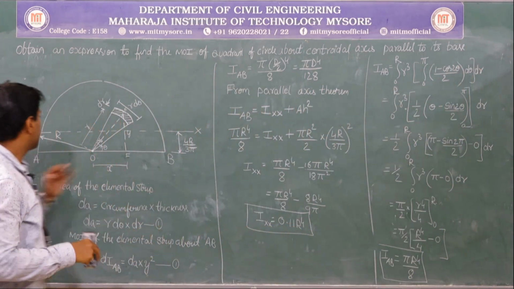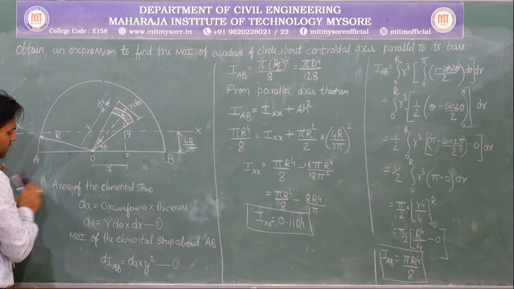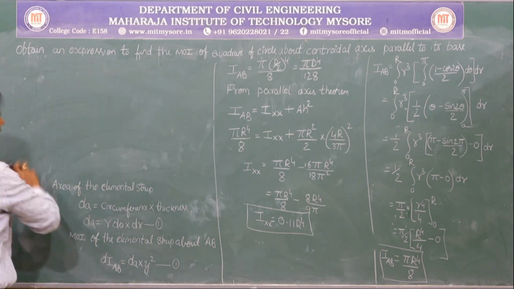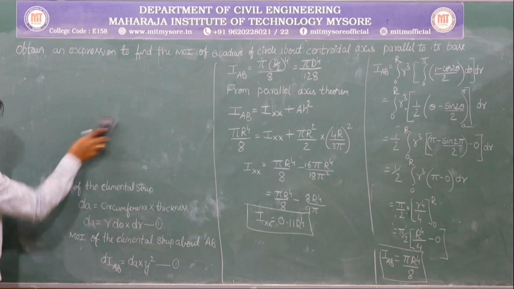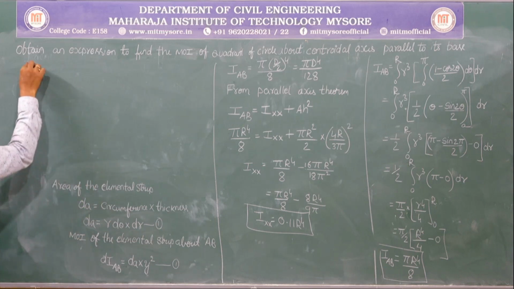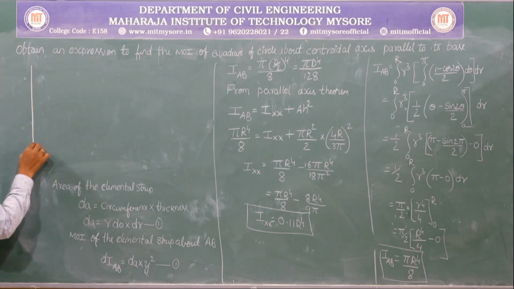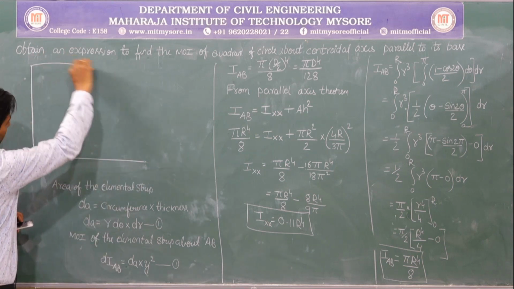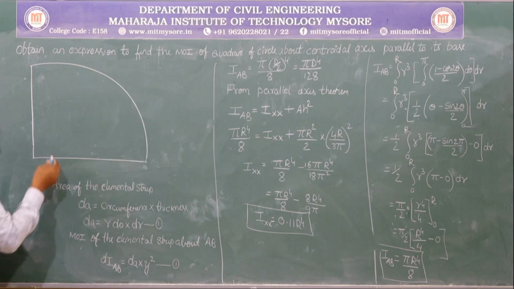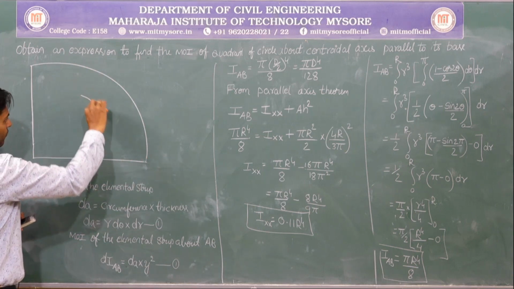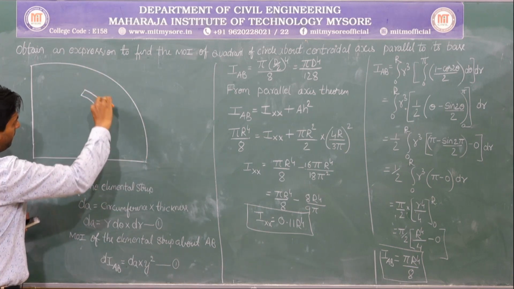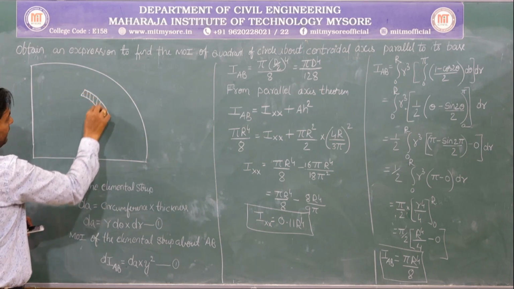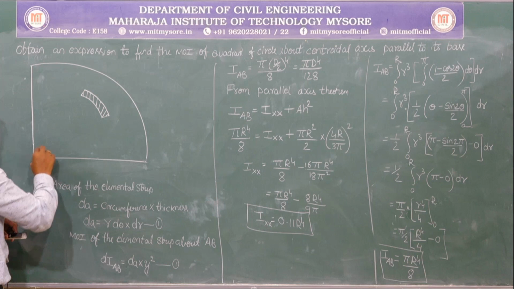Okay. So now observe, let me redraw this particular diagram. So instead of the semicircle, I have taken a quadrant of a circle now, and everything is same. So let me consider an elemental strip like this.